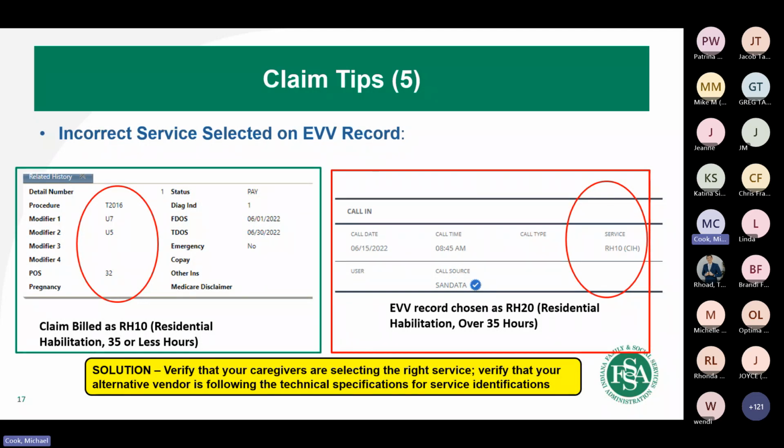The order of the modifiers does not matter, but what does matter is the existence of the modifiers. So if this particular service, if the U7 or U5 modifier is missing and it changes the service, you want to make sure that your alternative vendor is following those specifications correctly, so that when you go to select the service, you've got the right service.